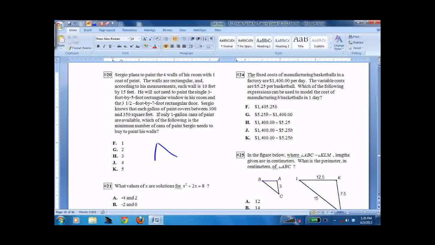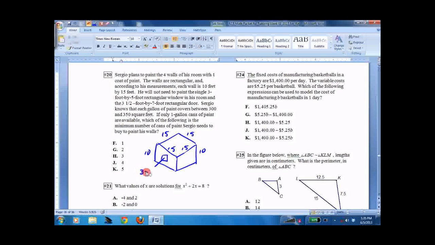I'm going to start drawing this in. So he's got a window here, let's just say. And let's argue for the time being it's 10 high and it's 15, 15, 15, 15 long. So he will not need to paint the 3 by 5 foot rectangular window.